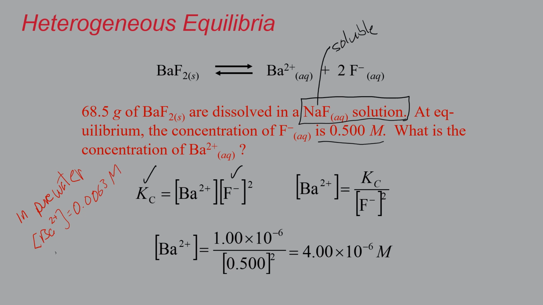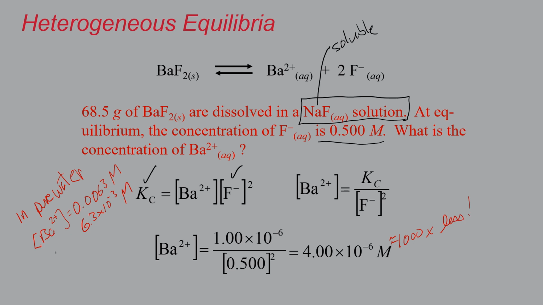Now, in this system here, the barium has to come from the barium fluoride. It's the only source of it. But notice how much smaller it is. So let's put it in scientific notation for reference here. So this is 6.3 times 10 to the negative 3 molar. So this is about 1,000 times less.